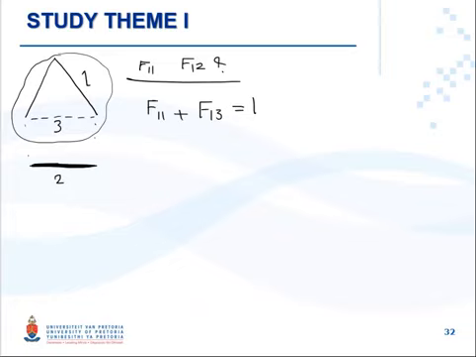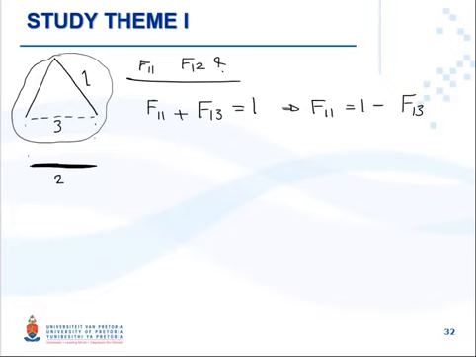Not really. Because I can't say anything about it, we just keep it for now. The only thing I can do is write F11 as a function of F13. So F11 is equal to 1 minus F13. We didn't do anything, just put it on the other side.